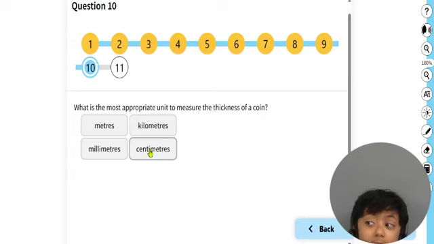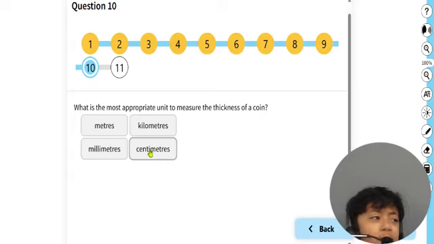Centimeters is used to measure the length of a phone, computer, laptop, or tablet. You could use it for any devices or suitcases, things in normal life that are not too big nor too small.